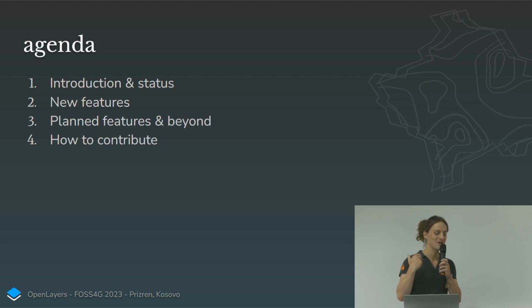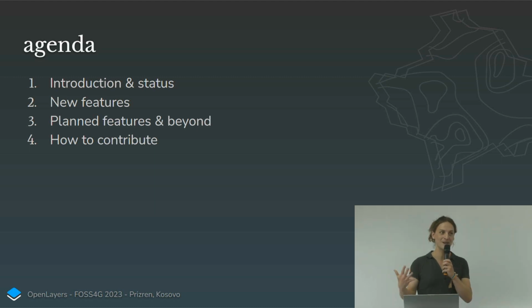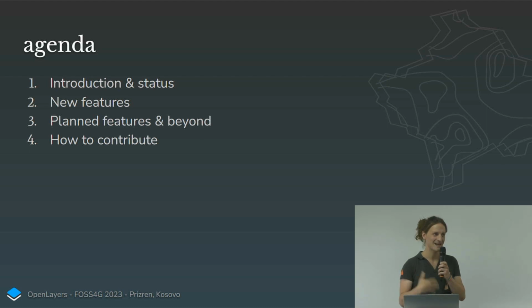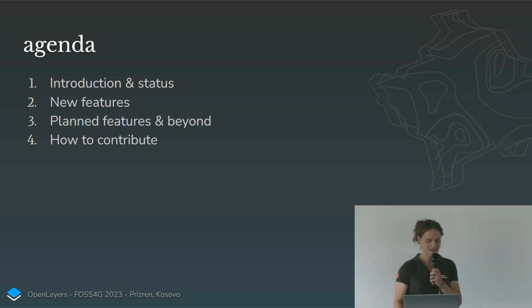Then we're going to see what's happening currently, what's going to happen soon in the project, and what current projects we have for the future. And then I wanted to say a few words to encourage people to contribute to the library. All open source projects have the same concern. We need new contributors, and I'm just going to try and give some words about that.